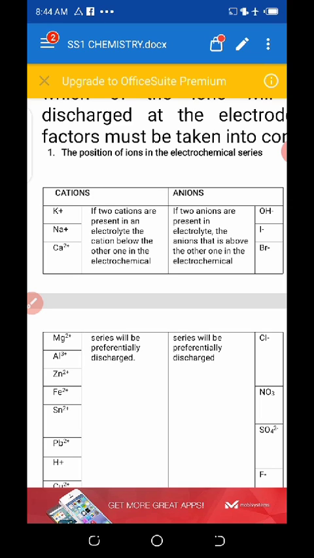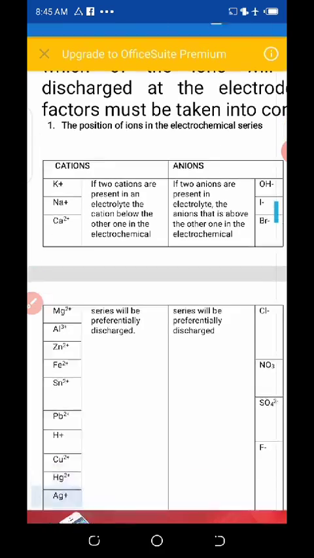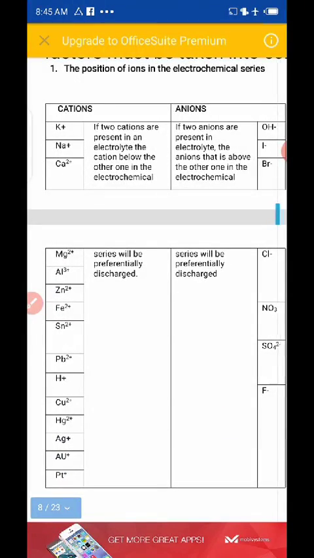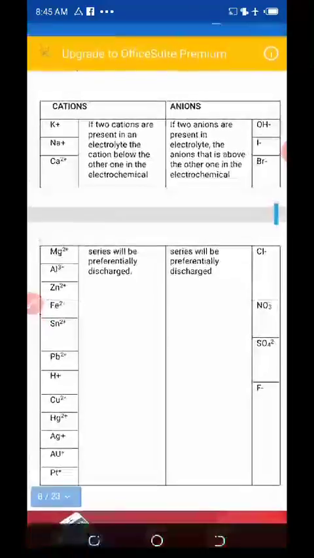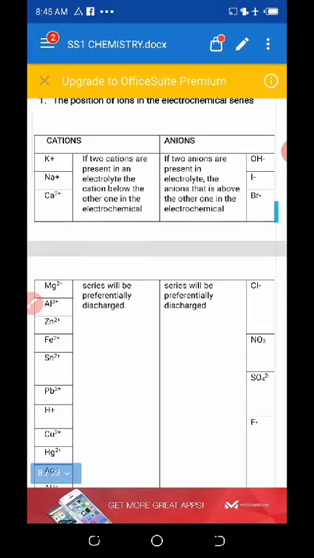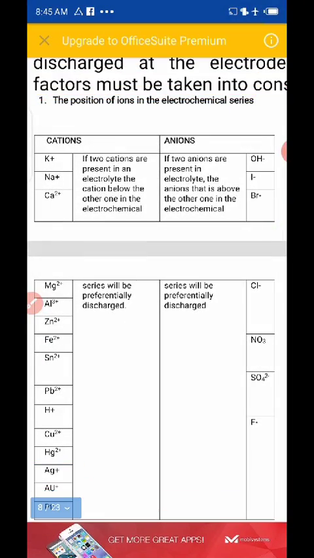The electrochemical series shows the preference or the power of each of the ions. In the table you are seeing here, the left is the cations electrochemical series and the right is the anions electrochemical series. The most powerful positive ion, which is a cation, is potassium, followed by sodium, followed by calcium, and it goes down in that order.